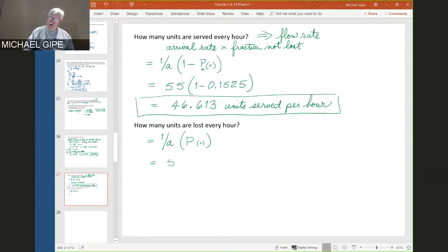That's going to be 55 times not 1 minus 0.15, but 0.15, probability of losing. And so that means 8.388 units lost per hour.